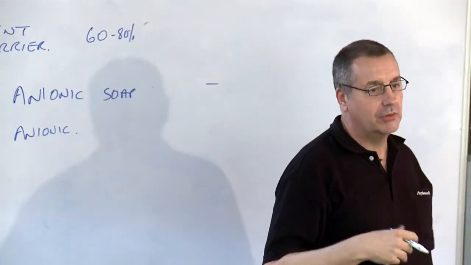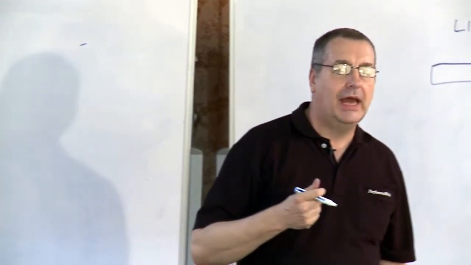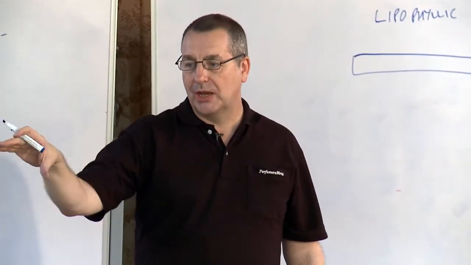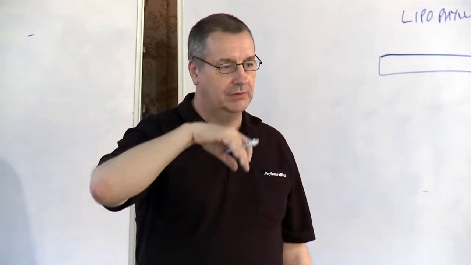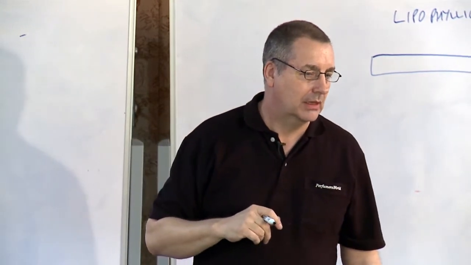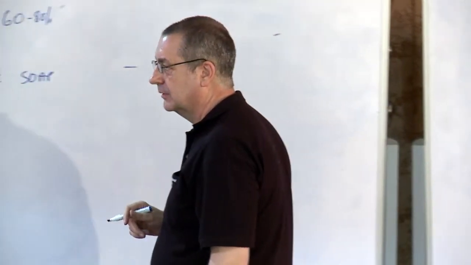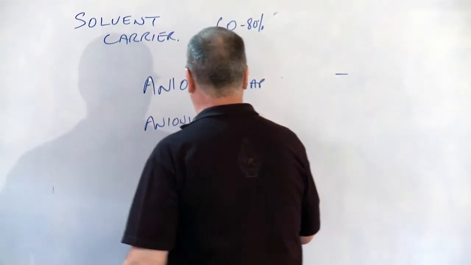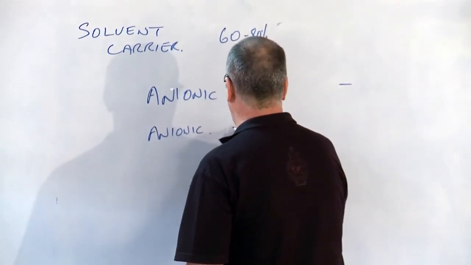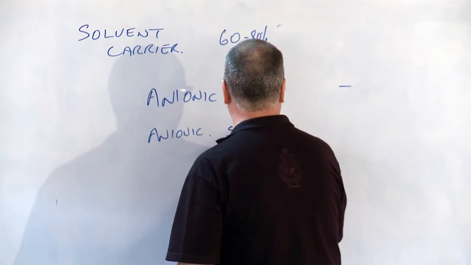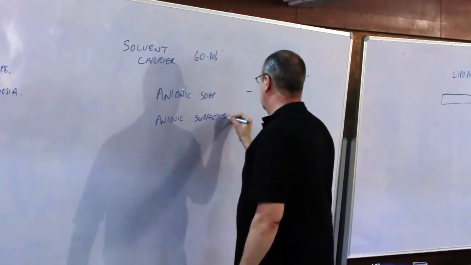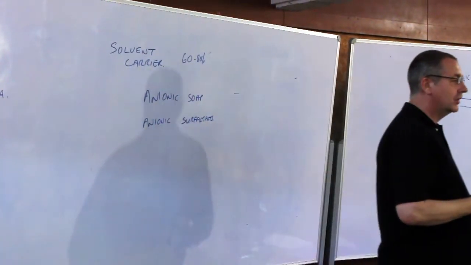The next anionic surfactants are the most common ones: sodium lauryl sulfate, sodium lauryl ether sulfate. If you look at your shampoo products, most of you will have those in there. Ammonium laureth sulfate. These are chosen because anionic surfactants are very cheap to make.